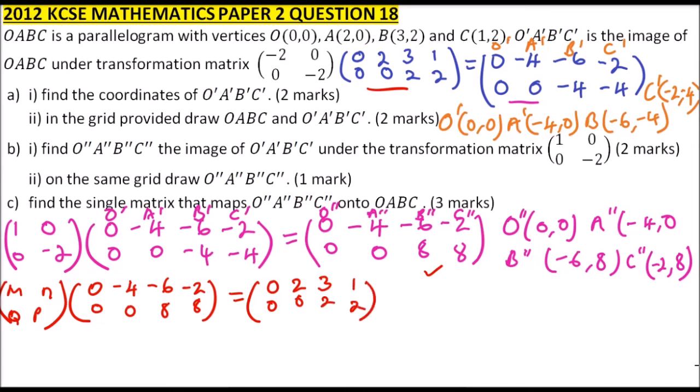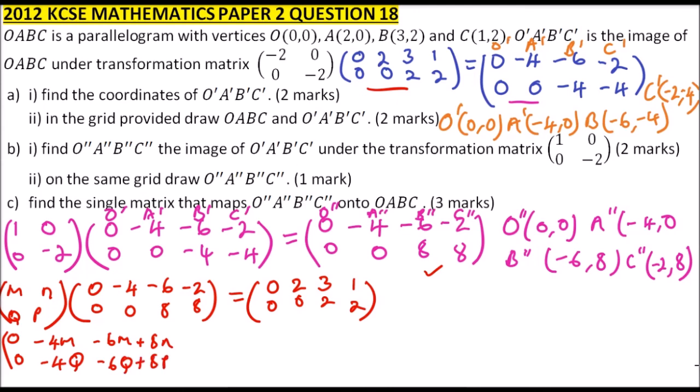When you multiply this matrix, M times 0 is 0, N times 0 is 0, so you get 0, 0. The other one is minus 4 times M, that is minus 4M, plus N times 0. So your entry is minus 4M. The other one will be minus 4Q. Then we have minus 6M plus 8N, and minus 6Q plus 8P.